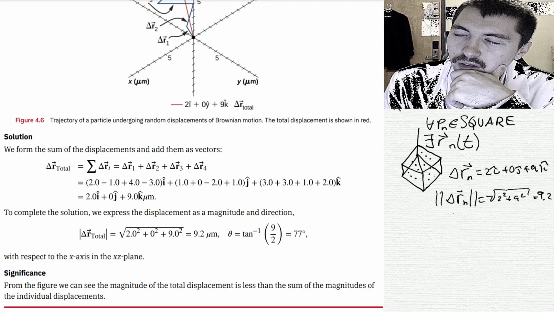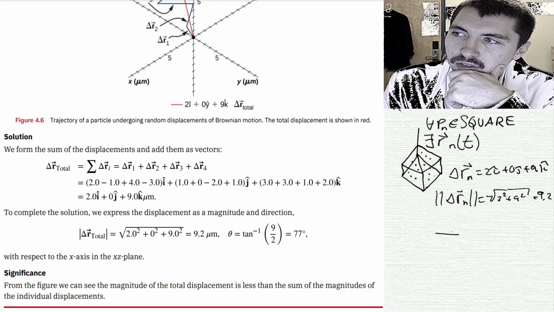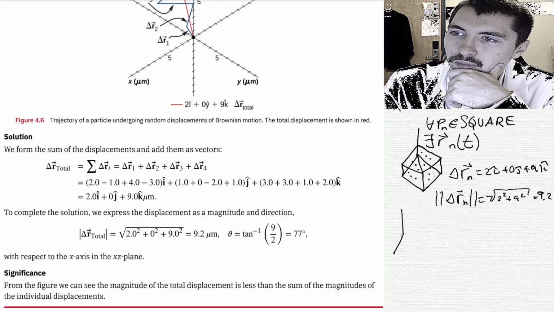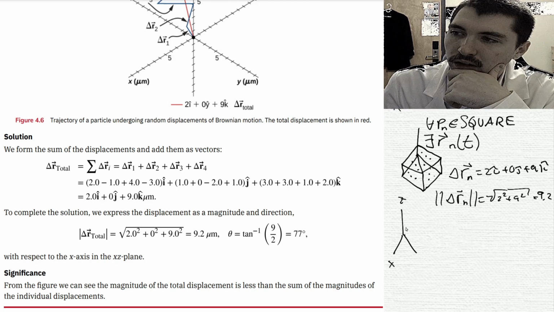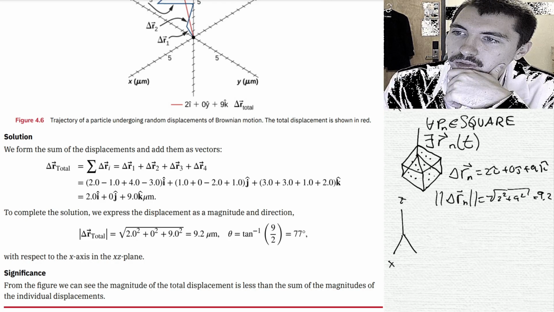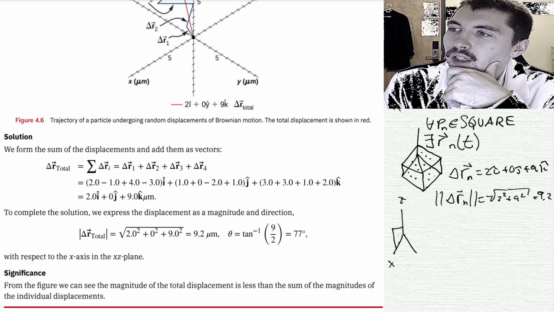So you have to think, i, so you're going this way, and then you're going, okay, k is your z, this is your x. So you're going this way, and you're going up high, this.